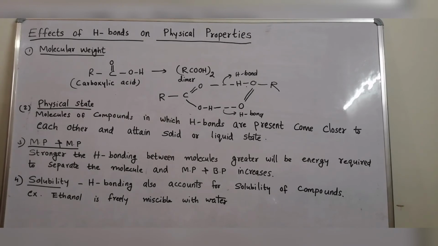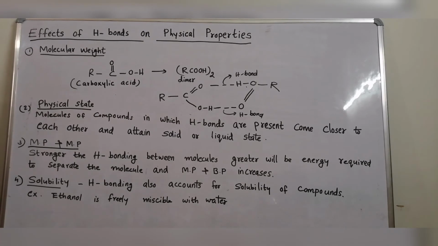Now you can see why the boiling point of water is high. Because of hydrogen bonding, more energy is required to break the hydrogen bonding and separate the molecules. So the boiling point is high for water.